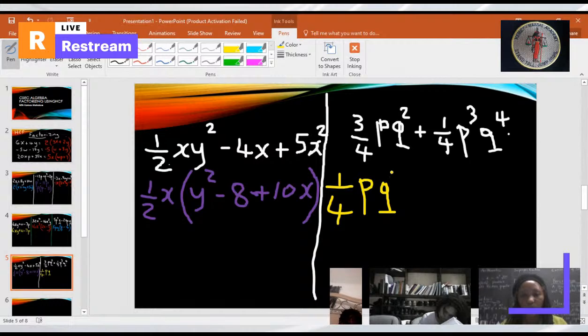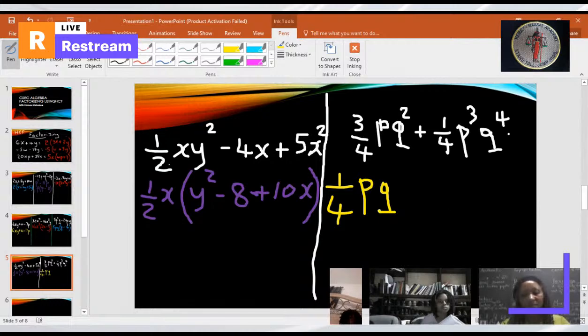All right, so which one of them, P squared or Q squared? Wait, just Q? Make up your mind, young man. P could go into the first, into 3/4 of p.